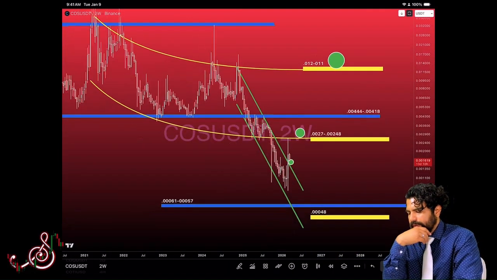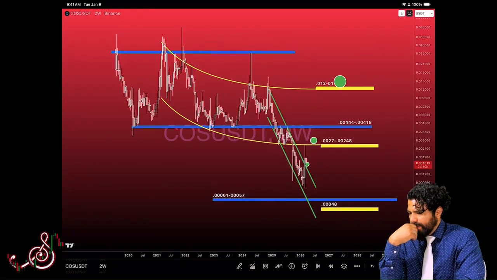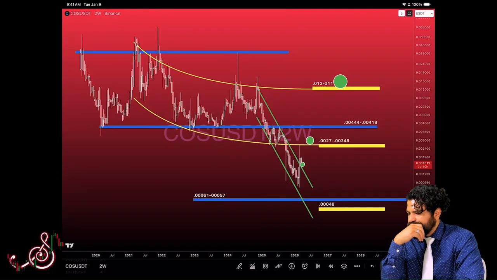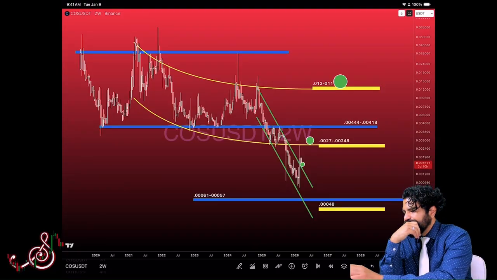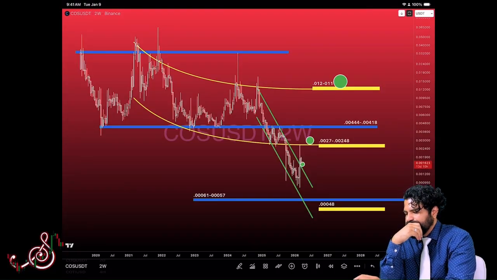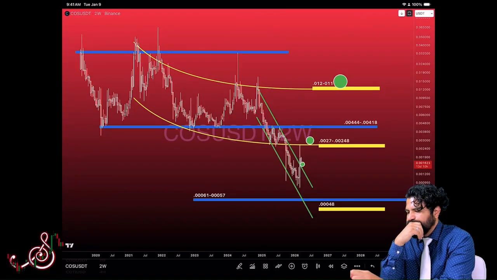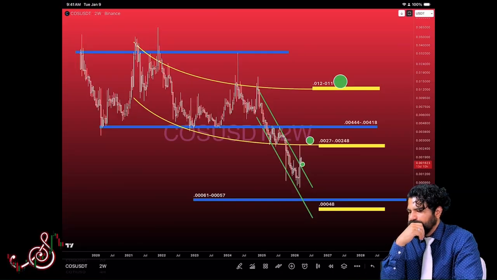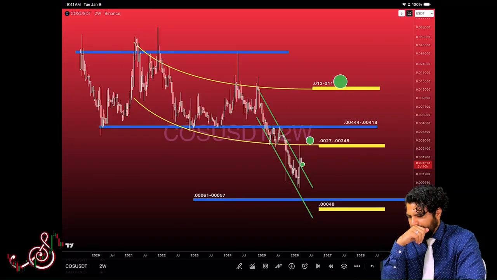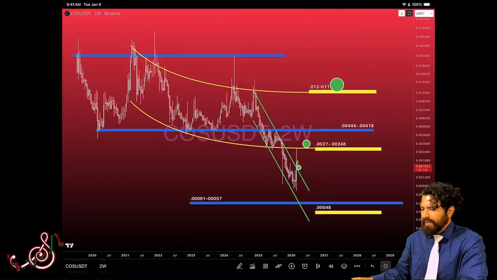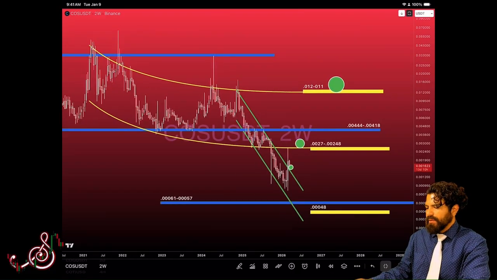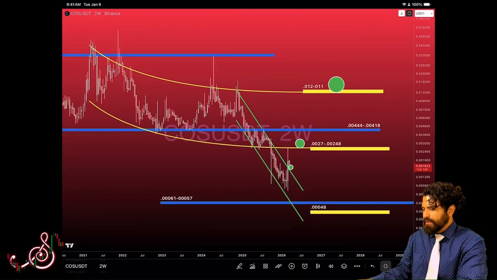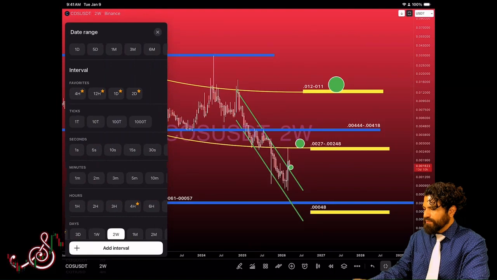All right. I think that's all I want to look at here on the higher time frames. And I'm going to go to a smaller time frame.